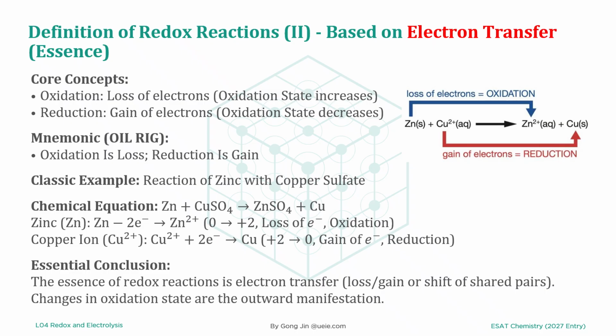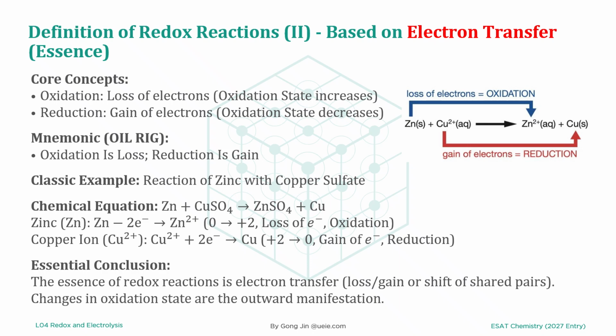Take the reaction between zinc and copper sulfate as an example. Zinc atoms lose 2 electrons and turn into zinc ions, with their oxidation state rising from 0 to +2. This is oxidation.